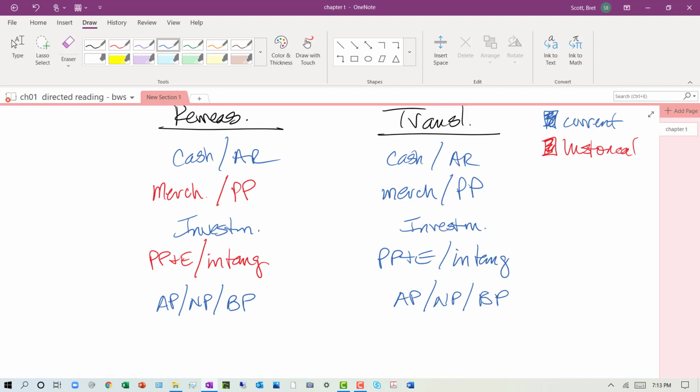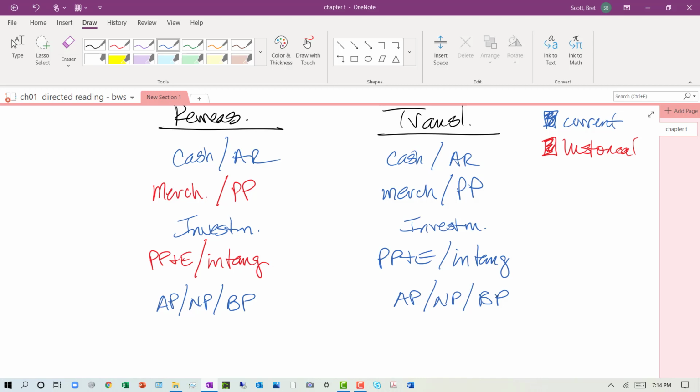Accounts payable on our books is somebody else's accounts receivable, and accounts receivable can be factored or sold to someone like J.G. Wentworth. There's always a market for these things, so generally we can just keep them all current. There are some variations according to your book, but this is what I want you to keep in mind as you go forward.